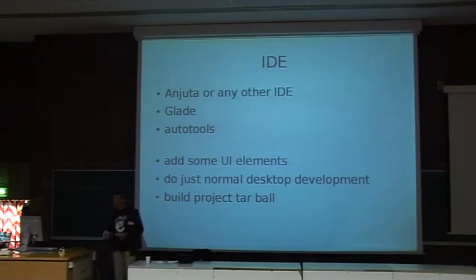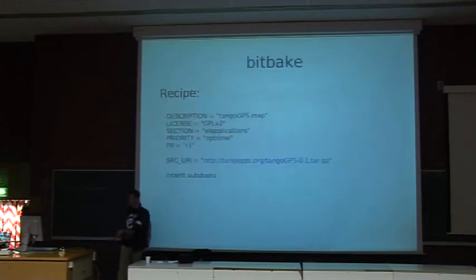You build your distribution: Anjuta makes the tarball for you, and in the next step you have the BitBake recipe. That goes again for Open Embedded. You have a recipe like this, and in the recipe you put the location of your tarball, and it takes the tarball, automatically compiles it, and produces a package out of it.